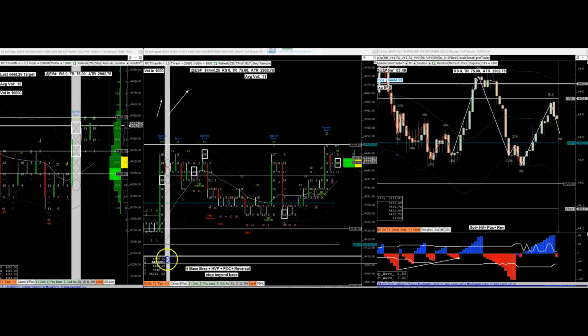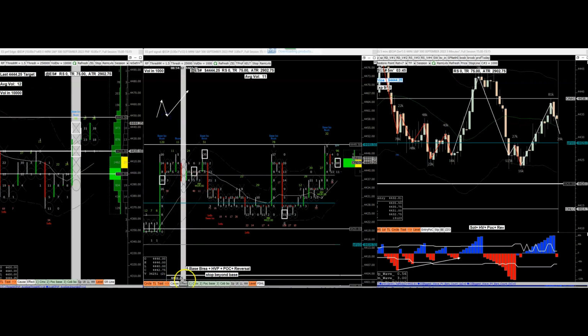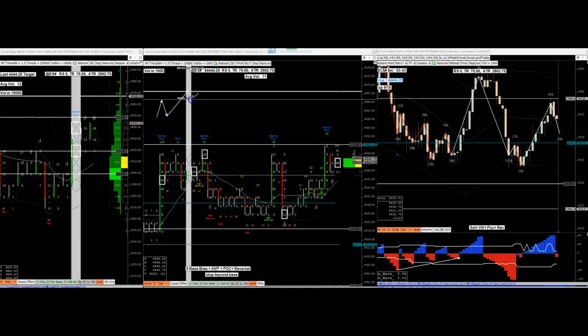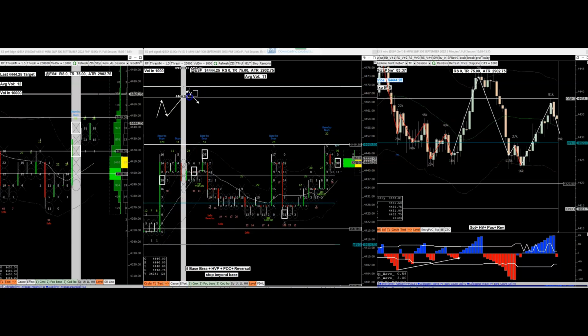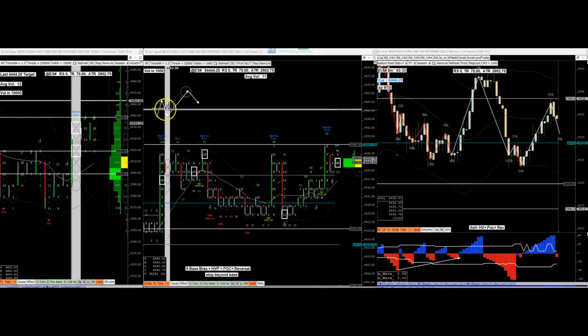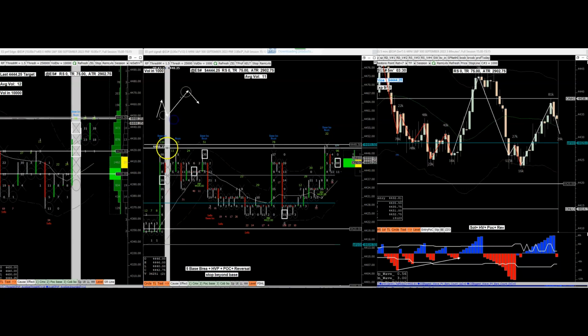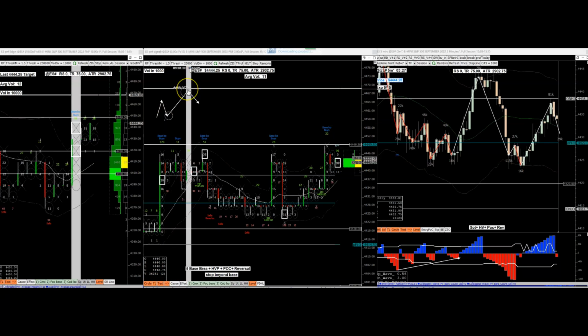Let's go like that, and go like that. When you have this pullback to test, there is distribution up here, minor distribution. There is accumulation here. There's accumulation here and there's distribution here.